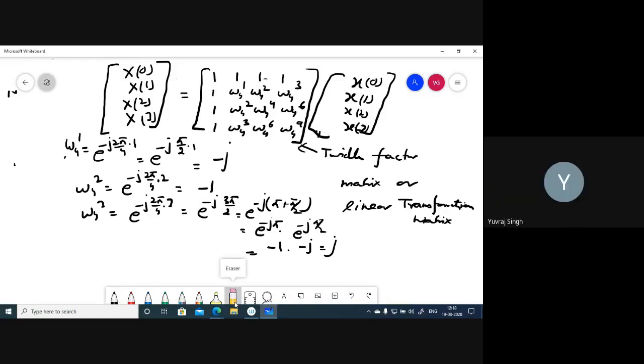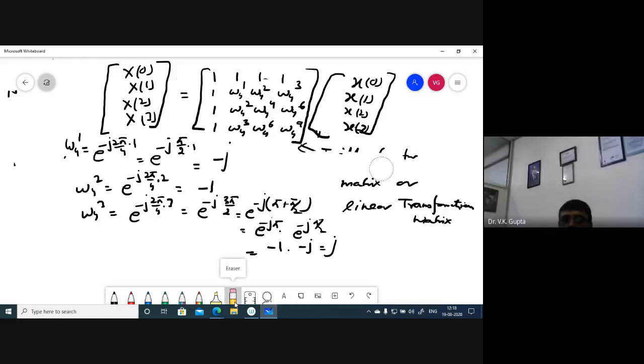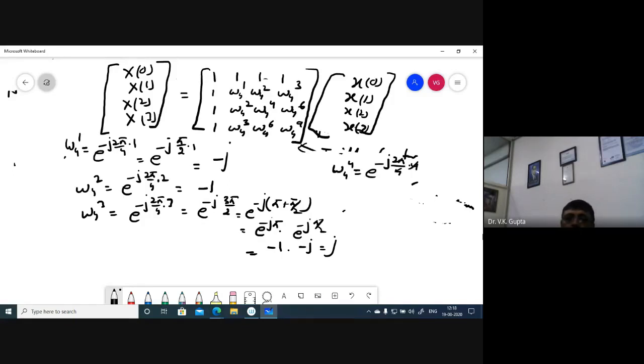W44 is e to the power minus j 2 pi by 4 into 4, which is e to the power minus j 2 pi. Cos 2 pi minus j sin 2 pi. Sin 2 pi is 0, cos 2 pi is 1, so W44 is 1.